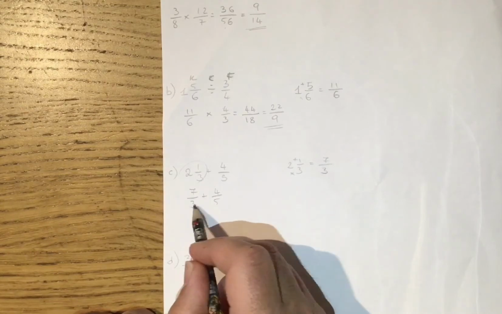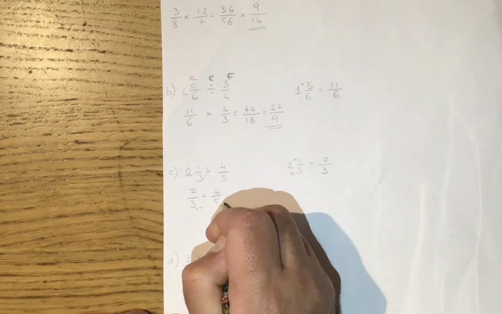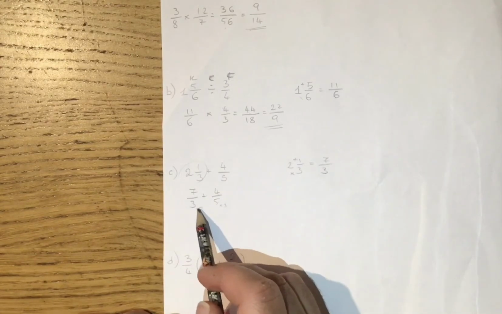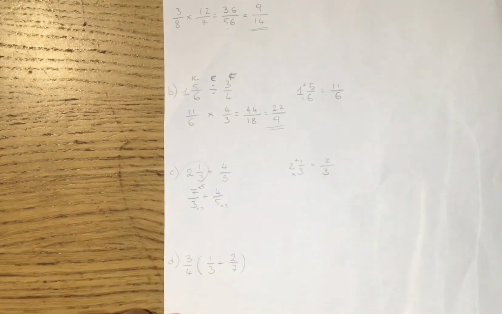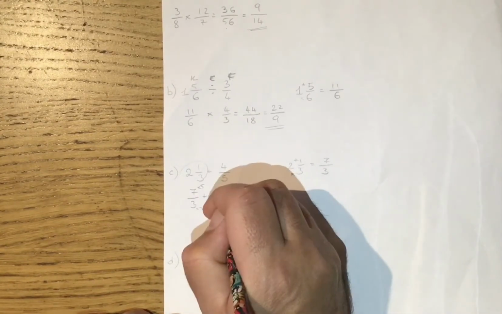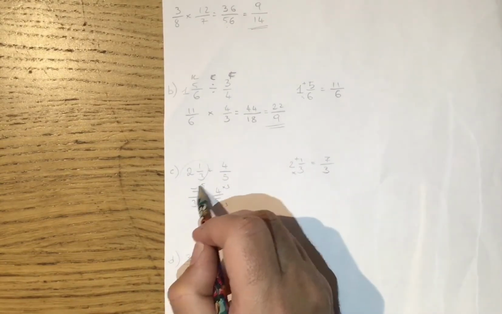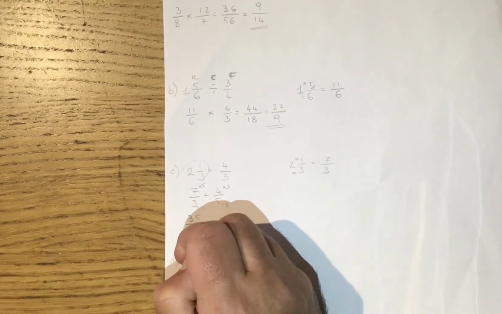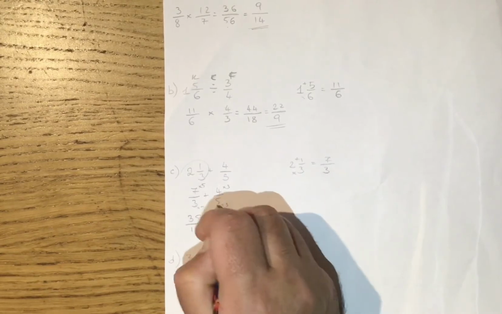Different denominators, so we need to times them by each other, since one is not a multiple of the other. Since we times this one by 5, we need to times the numerator by 5. Since we times the 5 by 3, we need to times the numerator by 3 also. So now 7 times 5 is 35, 3 times 5 is 15. 4 times 3 is 12, 5 times 3 is 15.